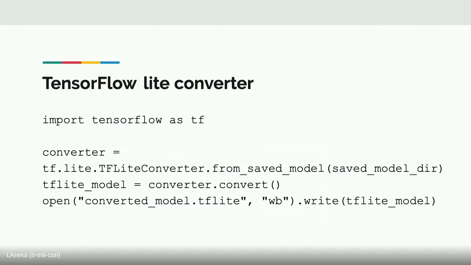Basically, you define a converter, and you say, I want a converter that will use this model. This is just the location of your Keras model. You convert it, and this line just saves the model on the disk, but if you don't want to save it, forget that. You create a converter, you say where the model is, and you convert it. That's basically it. There's not really much to it.